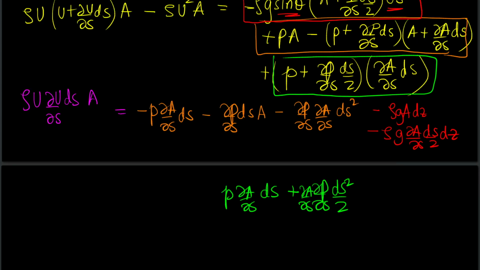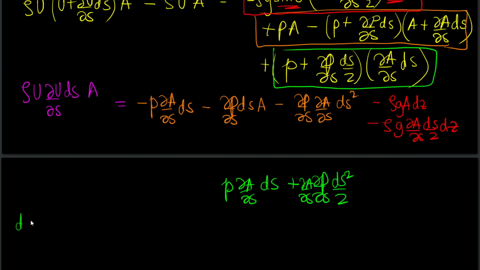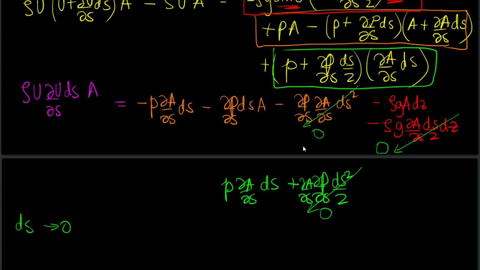Now in the limit as ds goes to 0, the terms involving ds² and ds dz will all vanish. So these terms will go to 0 faster than the terms which contain only ds, and hence they will be 0 prior to this term becoming 0. So it's basically taking a limit, nothing else.